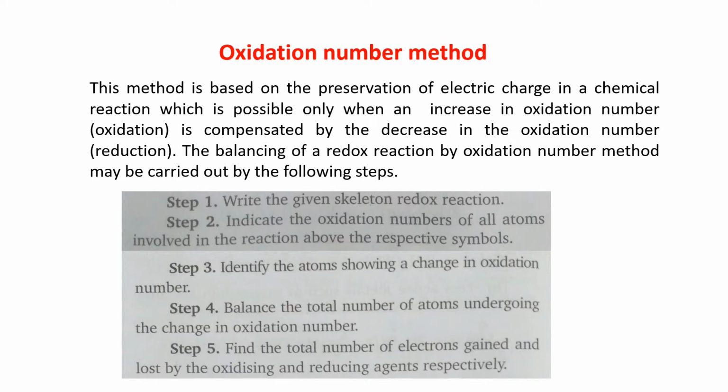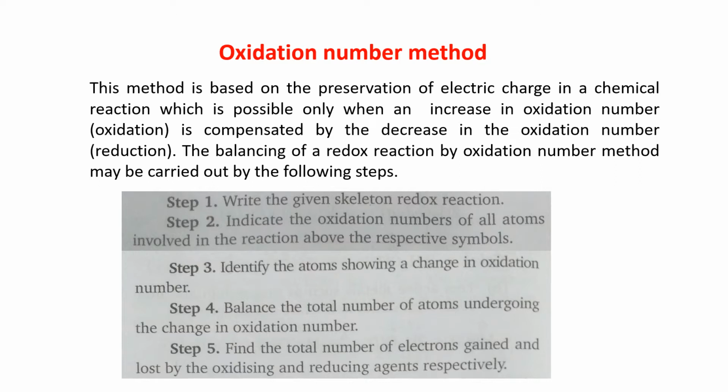This method is based on the preservation of electric charge in a chemical reaction, which is possible only when an increase in oxidation number, that is oxidation, is compensated by a decrease in oxidation number, reduction. This I already discussed with you. Increase in oxidation number is referred to as oxidation and decrease in oxidation number is reduction.